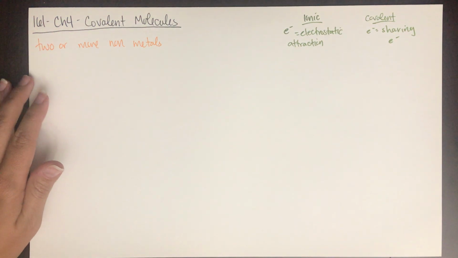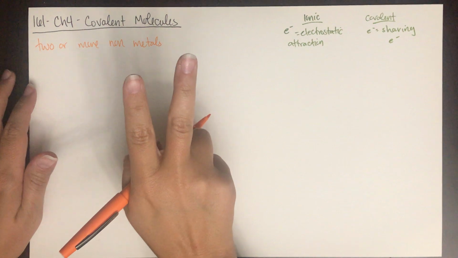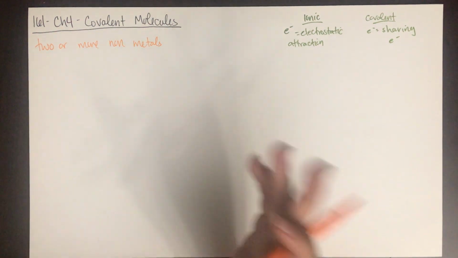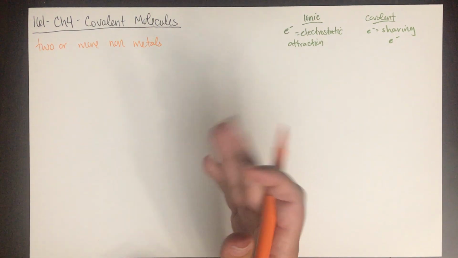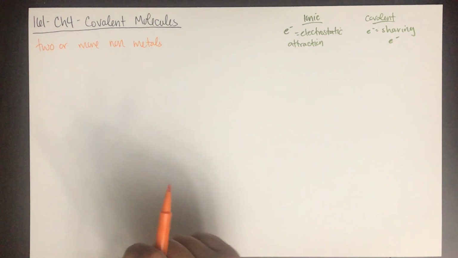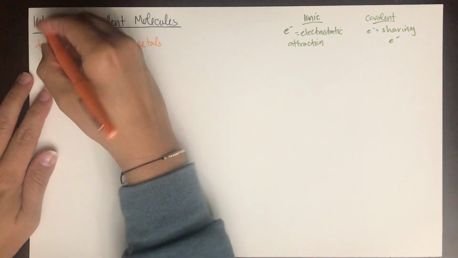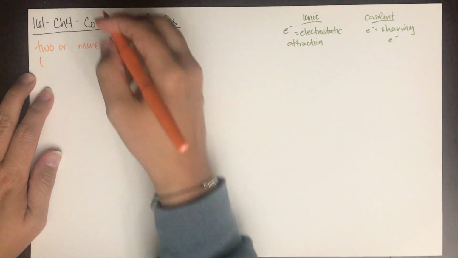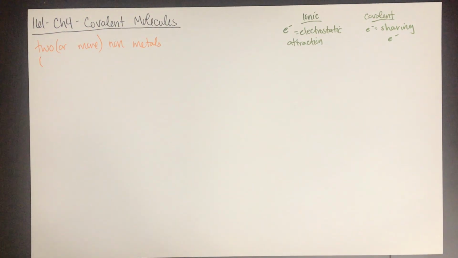There are more complicated covalent molecules that have a lot of nonmetals in them. You'll talk about stuff like that in organic chemistry and biochemistry, but we'll only ever have two.